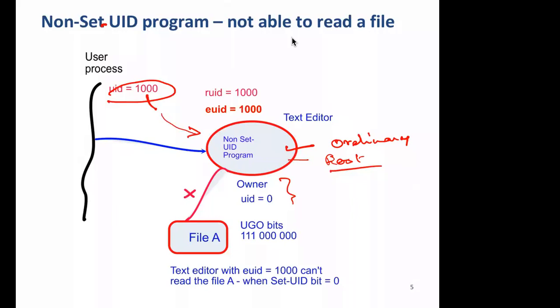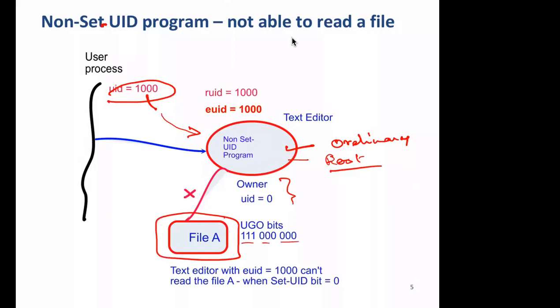Now I may want to read a file where the UGO bits, the user, group, others bits, are 111, 000 and 000.